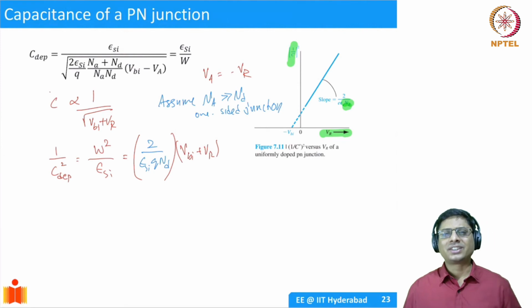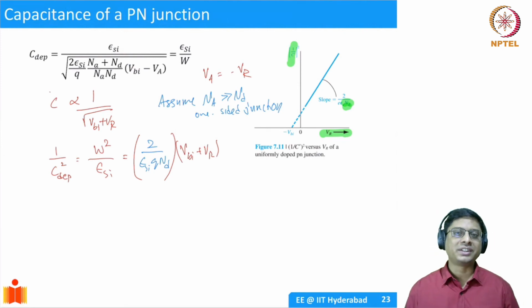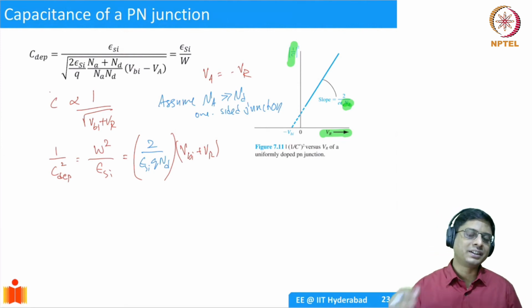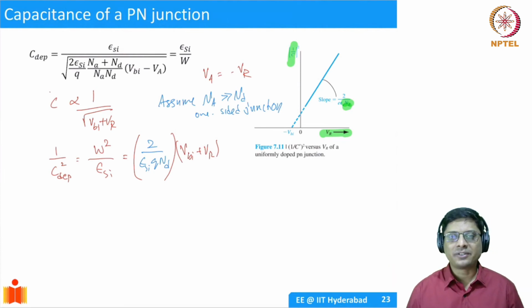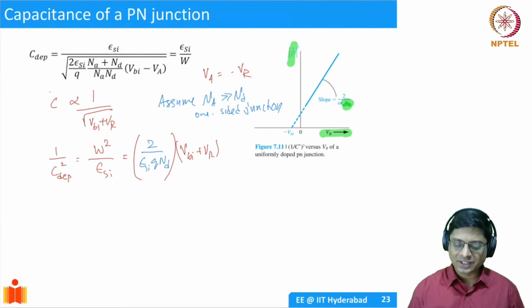Doping density is something dictated by the doping process, done by the manufacturer, but you can fabricate a device and actually verify the doping concentration. So this is one of the uses. And of course, if you extrapolate to the x-axis, you get the built-in voltage. So this is a very powerful technique to find out the doping concentration and the built-in potential for a p-n junction.